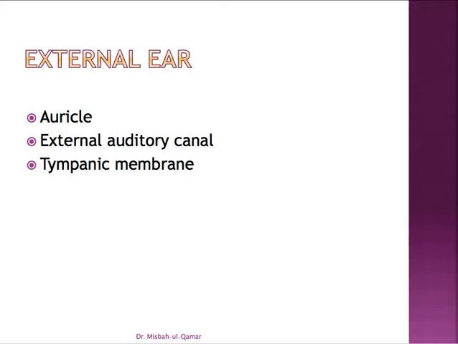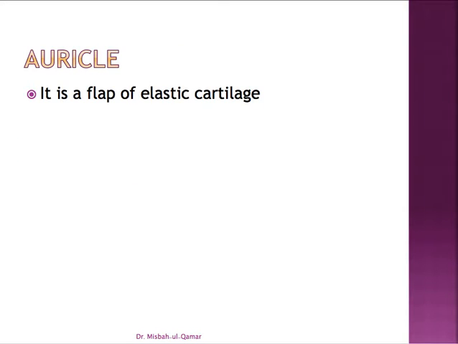Now the external ear consists of mainly three parts: auricle, external auditory canal, and the tympanic membrane. The auricle is a flap of elastic cartilage covered by skin, and the rim of the auricle is called the helix, while the inferior portion is called the lobule, that you guys already know.